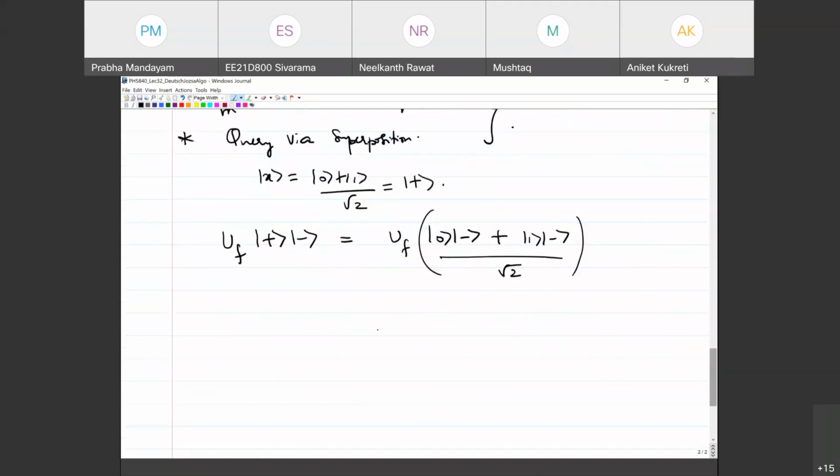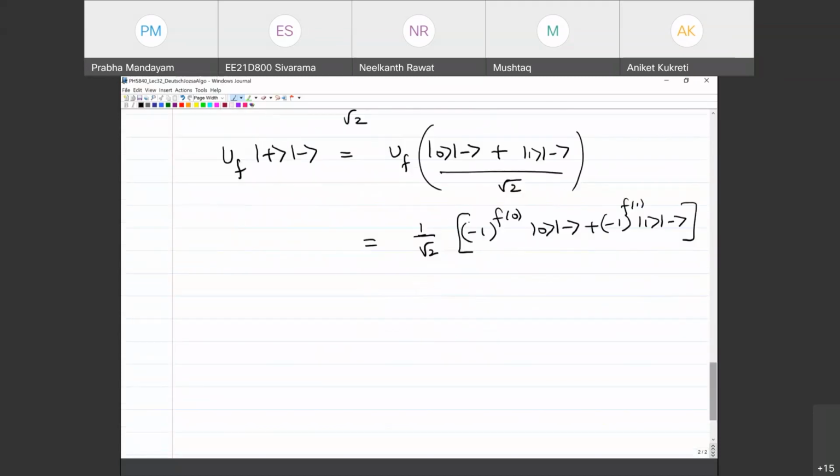And this now gives me an overall 1 over root 2 of minus 1 to the f of 0, 0 minus 1 to the f of 1, 1 minus, right? And so I can now write this as an overall... So basically now you see that this gets you two options.